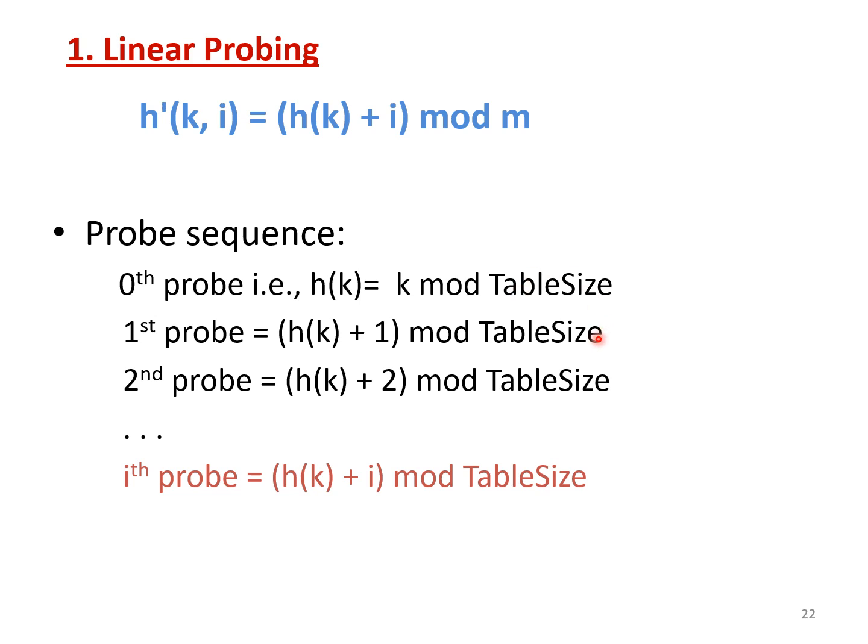If there is still a collision in the first probe, we will go to the second one. If there still exists a collision, then we will go to the next, until the ith probe. So in general, the hash address or index for any key value k in the ith probe is (k + i) mod m.